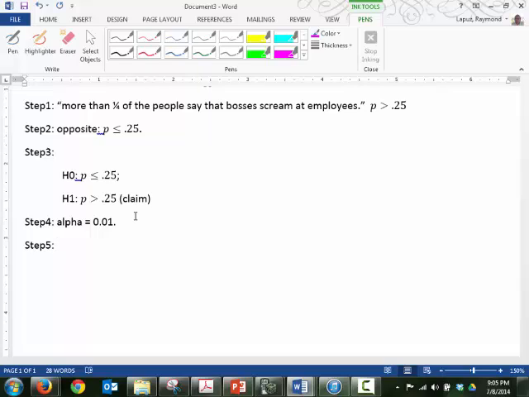Do you remember what they look for in the calculator? X and n and p. So we know that p is equal to 0.25. So we need to figure out what x is equal to and what n is equal to.